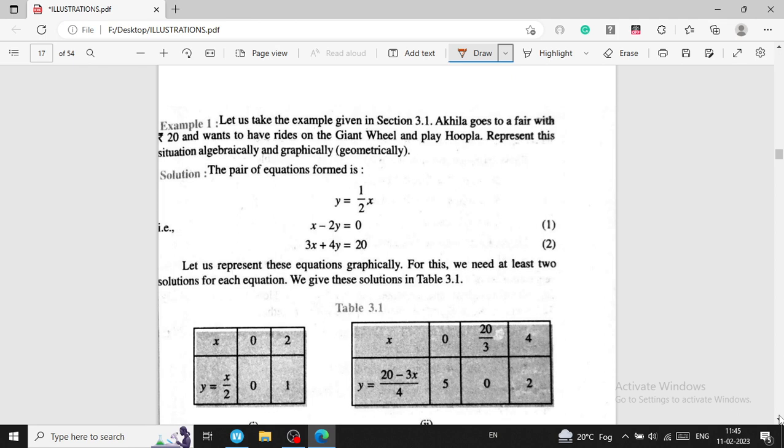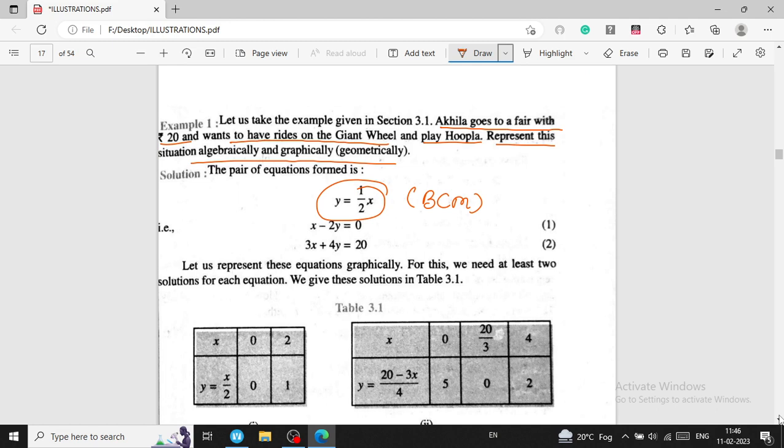In this chapter we will make graphs. We are given the equation y is equal to 1 by 2x, which you can get by cross multiplying. How did this statement come about? It is taken from this example: Akhila goes to a fair with ₹20 and wants to have rides on the Giant Wheel and play hoopla. Represent this situation algebraically and graphically.